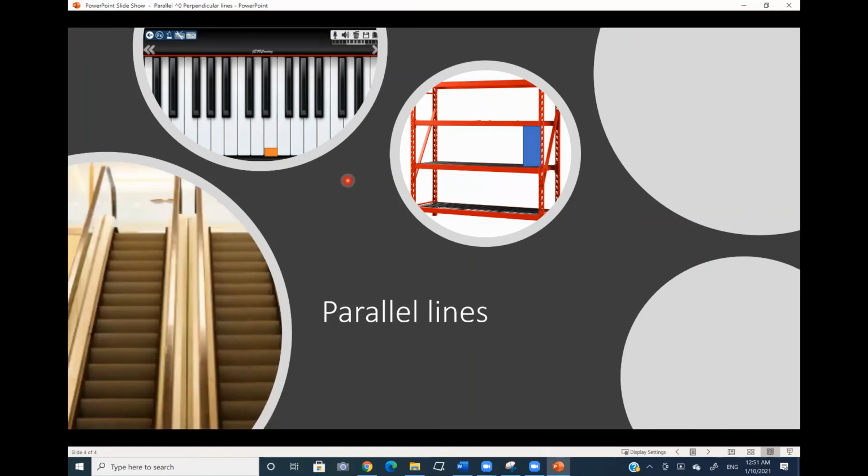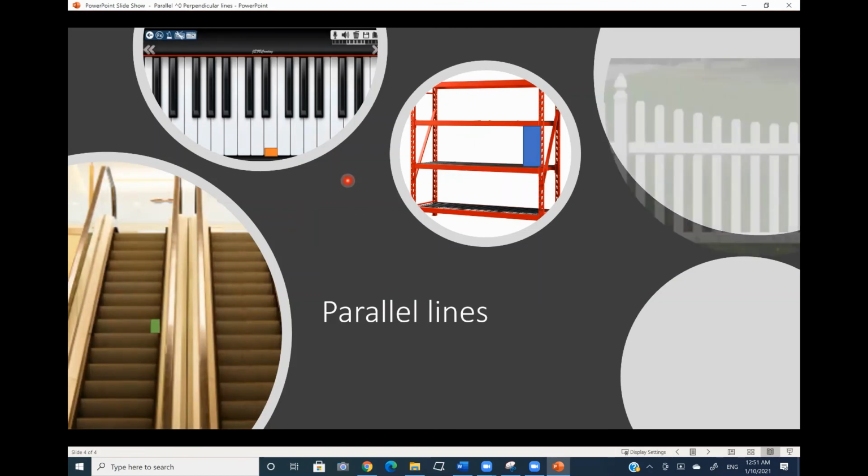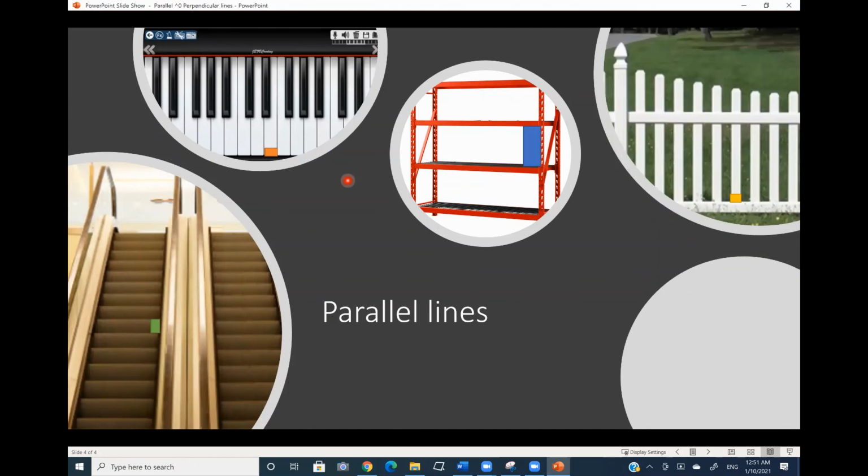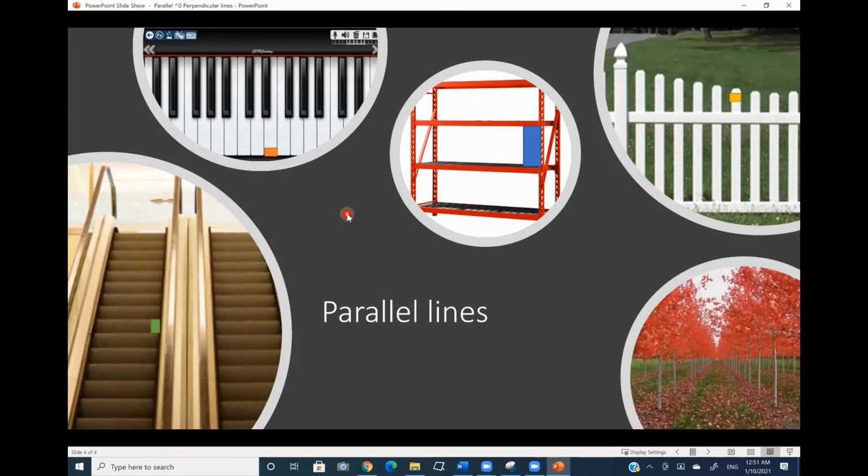In the escalator, if you look carefully, you'll find more than one set. In the fence, we can find more parallel lines. Those lines are keeping the same distance from each other. And finally, in these trees, if you look at the trunks, you can see that they are keeping the same distance too.